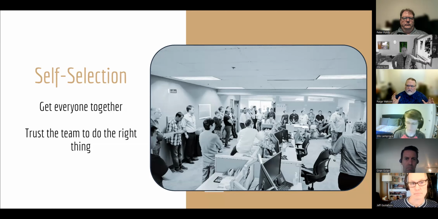took several teams and we put them all together, and we trusted the team to do the right thing. And we allowed the team to choose the work that was going to be done. We used a modified open space marketplace to self-select our work.